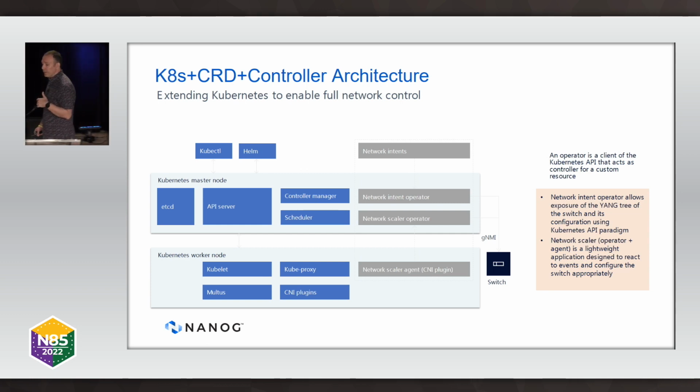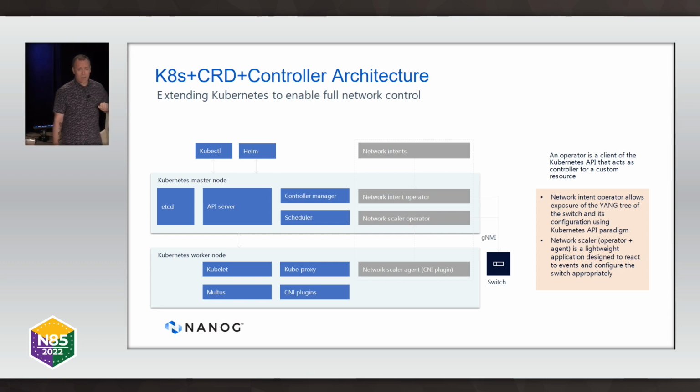I'm going to show later an example of the CRD, but you can see that inside every CRD that we are creating for the demo, we can define a specific path of where we want to change the configuration of the switch or the router.